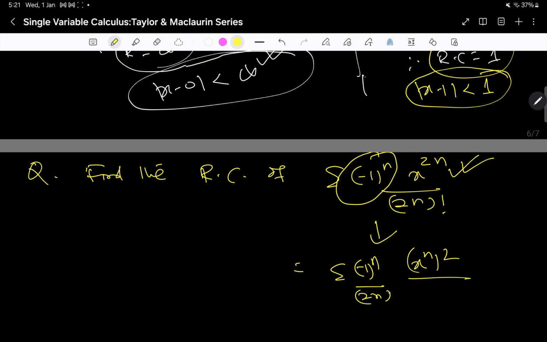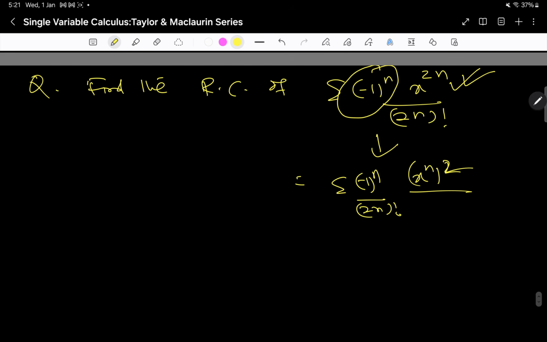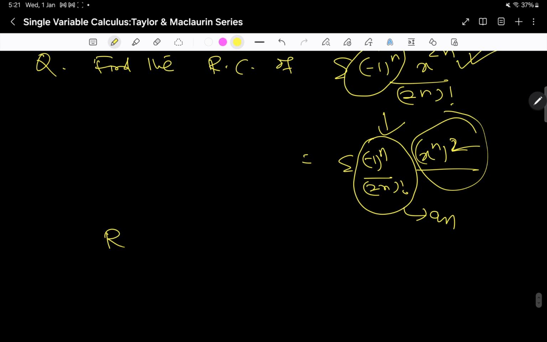By 2n factorial here means instead of r, the formula is for r square, right? So here this is my an, since this power is x to the power n, instead of r, the formula is r square is equal to limit n tends to infinity of |an by an plus 1|.